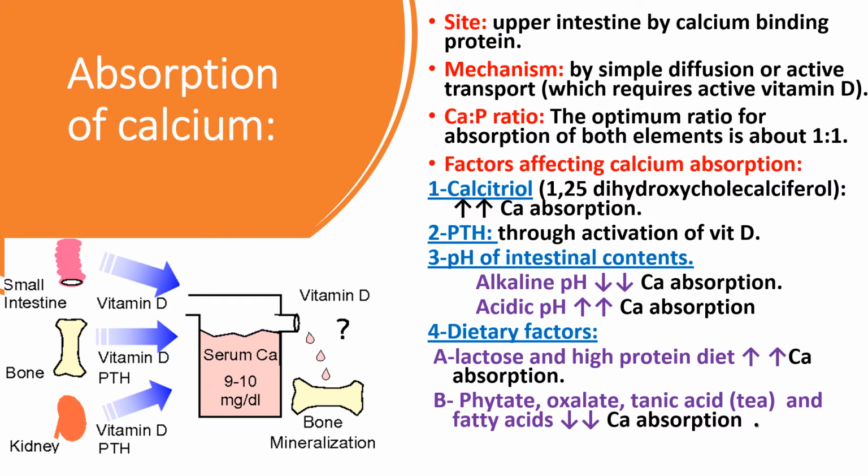Lactose and a high protein diet increase calcium absorption, while phytate, oxalate, and tannate decrease it. So calcium absorption is increased by calcitriol, parathyroid hormone, acidic pH, and high protein diet, while decreased by phytate, oxalate, tannic acid, and also by alkaline pH.